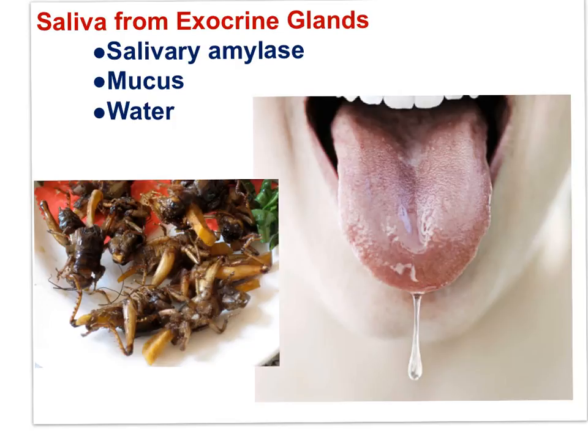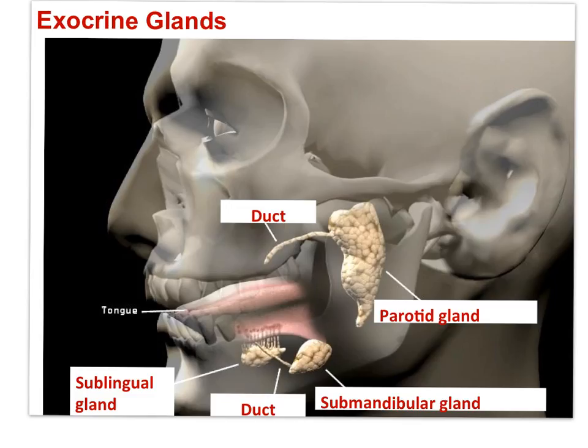Amylase is capable of digesting amylose, or starch. You can see the salivary glands that surround the mouth in this image. Glands that make enzymes are called exocrine glands because the enzymes move in ducts, small tubes, into the digestive tract, in this case, into the mouth.